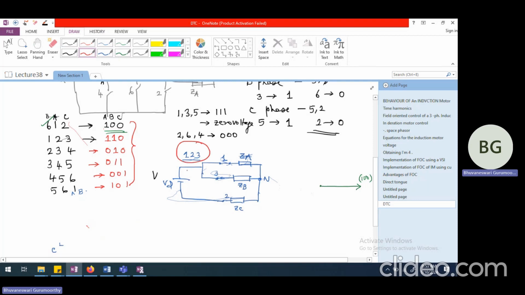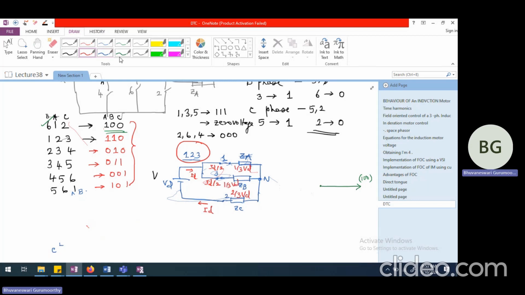So if I have ID flowing here, I'm going to have ID divided by 2 and ID divided by 2 flowing here. And here I will have ID flowing in this direction. So this is going to be 2 by 3 VD, whereas these two are going to have 1 by 3 VD and 1 by 3 VD.